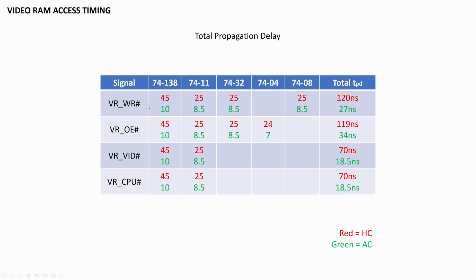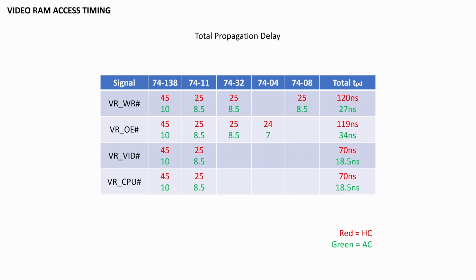And we can see if we add up all the red numbers for the write signal, I think that's the worst case, it actually comes to a total of 120 nanoseconds. Now again, bear in mind that's the maximum value, and as we're not operating at extreme temperatures, we probably would come in considerably less than that.